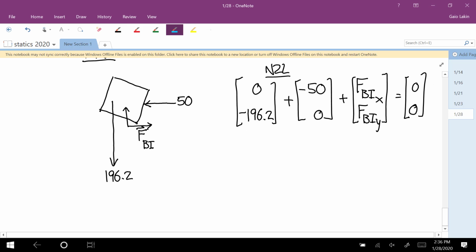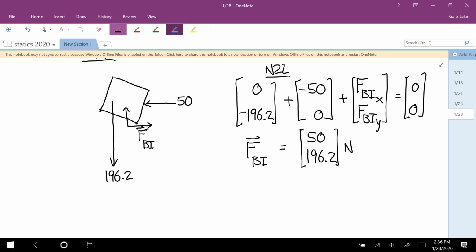And so the X component of FBI is 50, the Y component is 196.2. So the force on the block by the incline is 50, 196.2. Any questions about that?